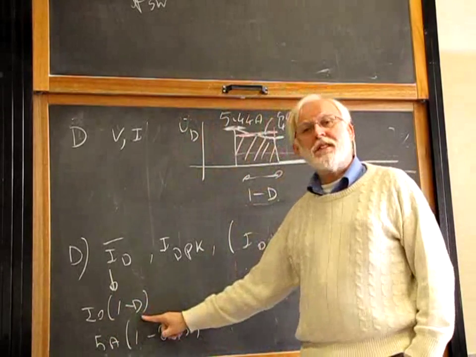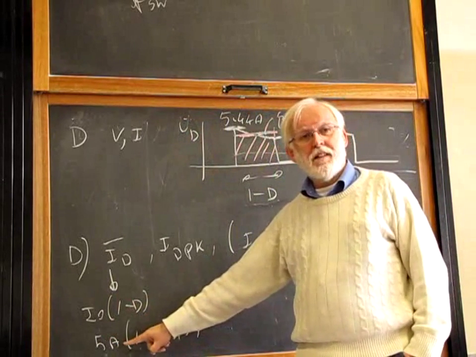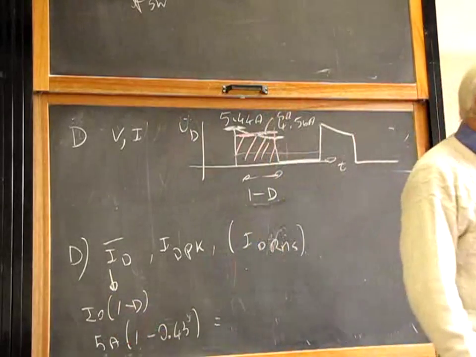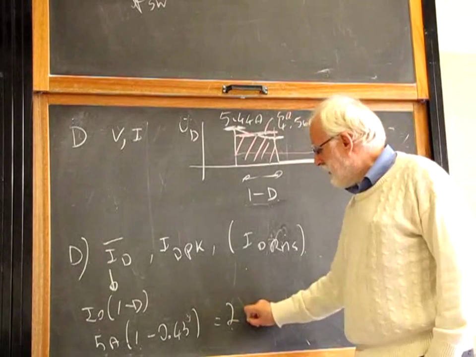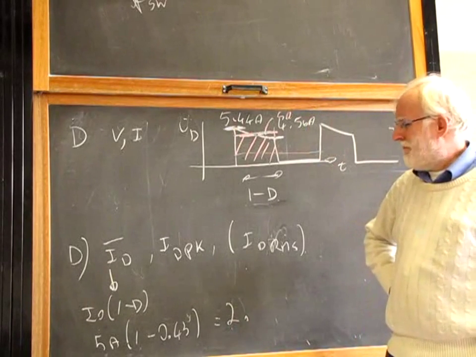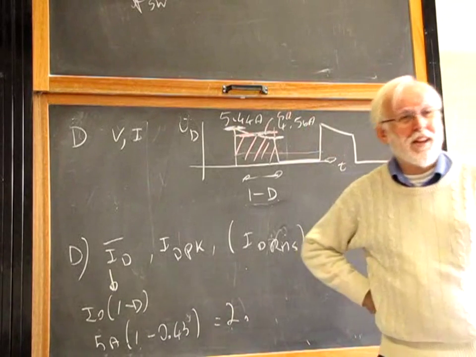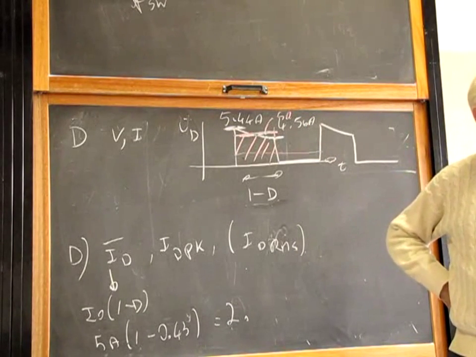I use the minimum duty cycle because I want the maximum average current of the diode. 5 times 0.57, 2.85.